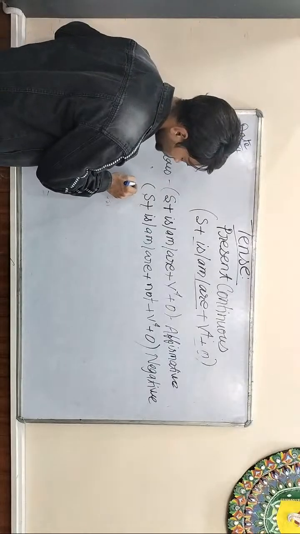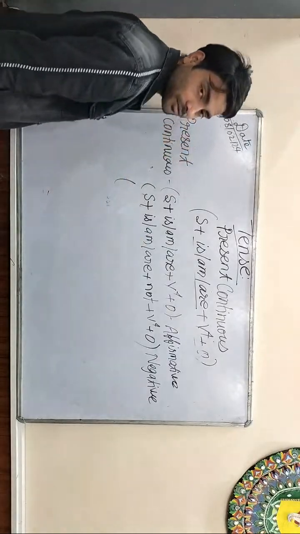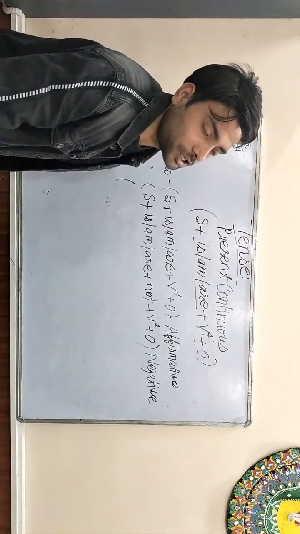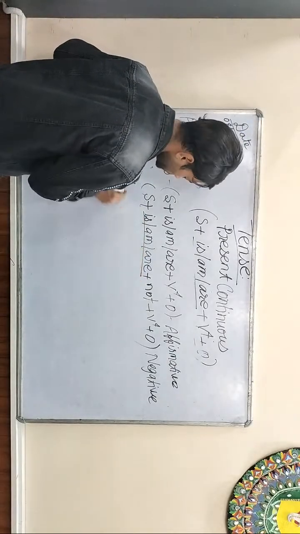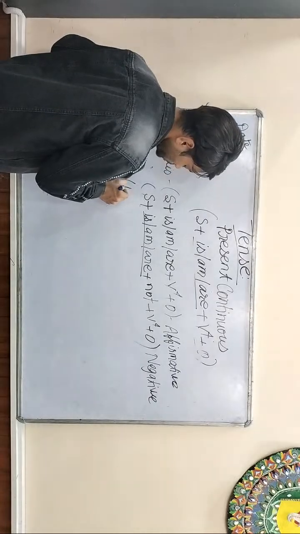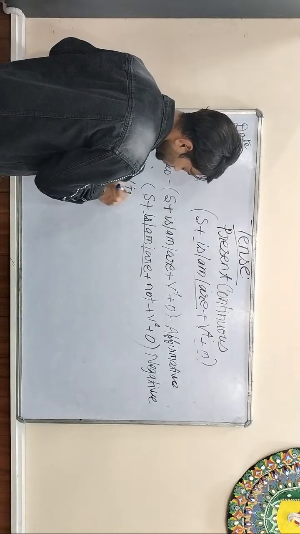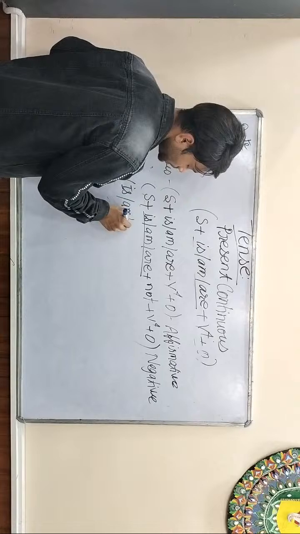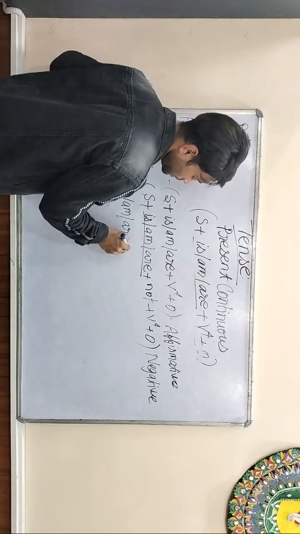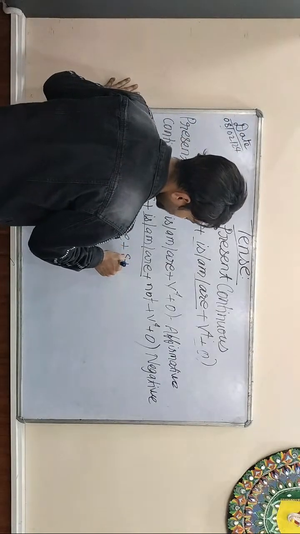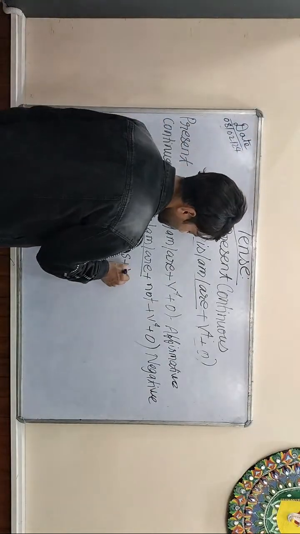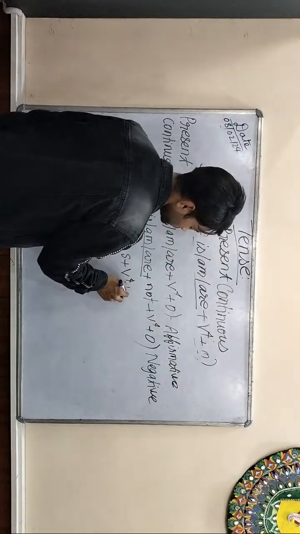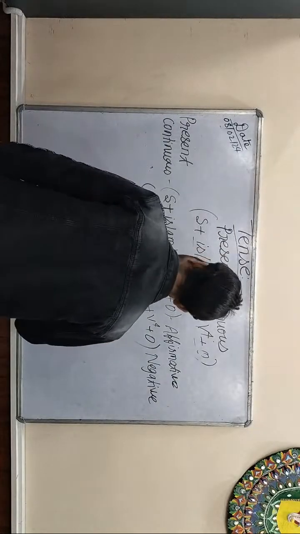Now comes interrogative. For interrogative, you put the helping verbs here: is, am, are plus subject plus verb 4 plus the rest of the sentence.